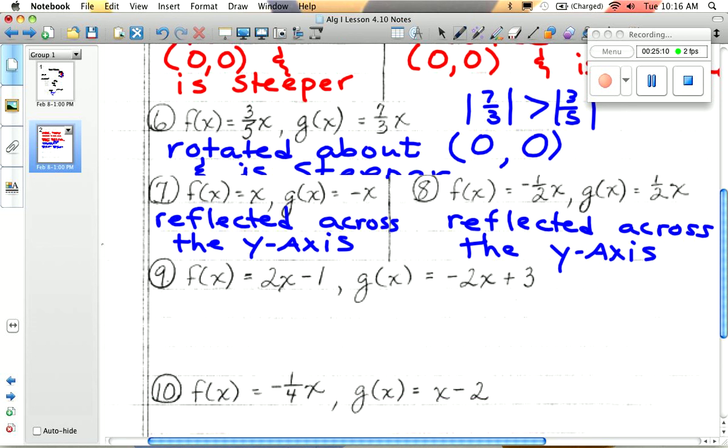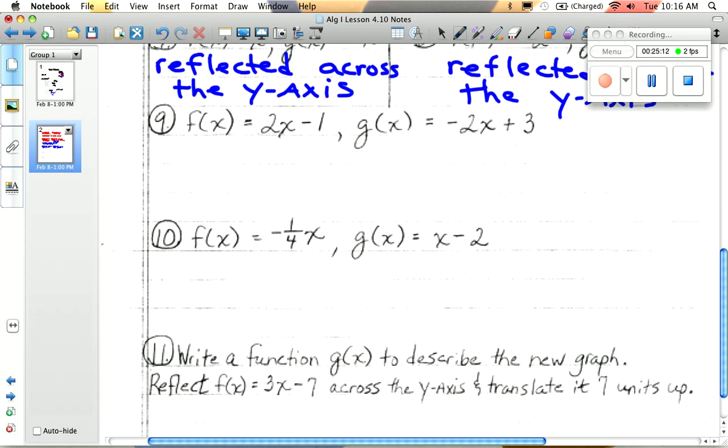Okay, now, kind of leading you into number 9. F of x equals 2x minus 1. That's our starting function. It's been transformed, and now we have negative 2x plus 3. So we're going to look at their slopes first. What happened? It was reflected because they're opposite slopes, wasn't it? Okay, so we're going to say reflected across the y-axis.